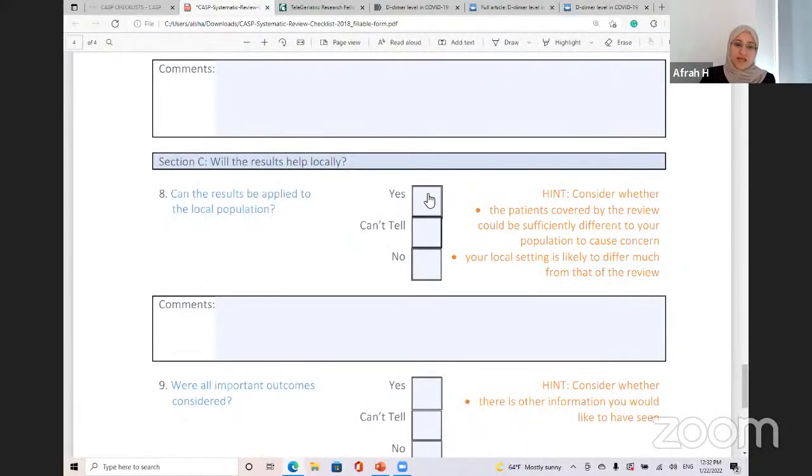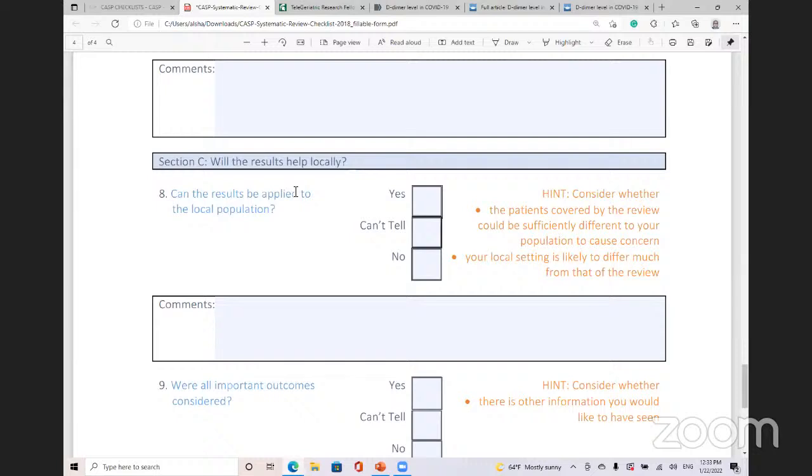For me, I would say yes, because I think COVID-19 can affect all populations, so there is no difference between Chinese, European, or American. So we can apply the study to our local population. So for this question, yes. What do you think? Yeah, I agree with you. Yeah, because the study was done in different countries.